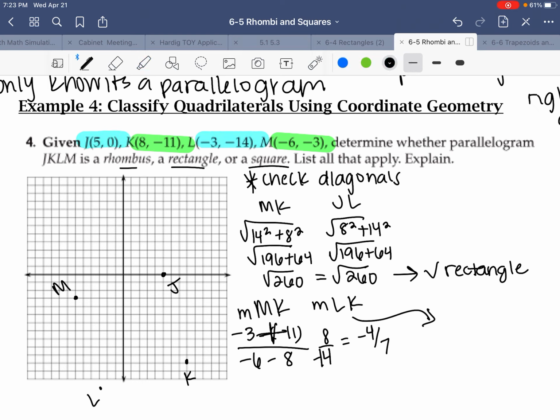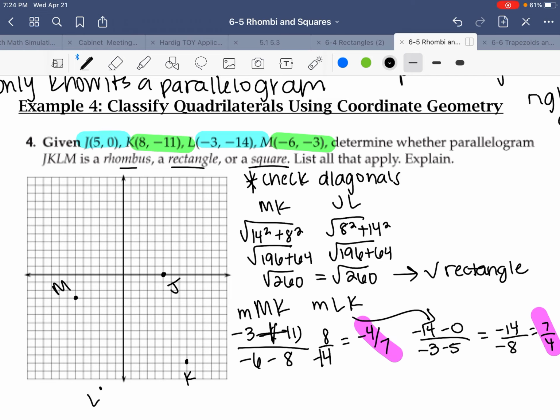For LK, when I look at y2 minus y1, I get -14 minus 0 over -3 minus 5, which gives us -14 over -8, or a positive 7/4. Because -4 over 7 and 7 over 4 are opposite reciprocals, meaning they have different signs and their fractions have flipped, those are perpendicular slopes.